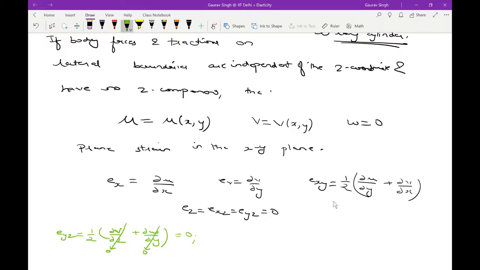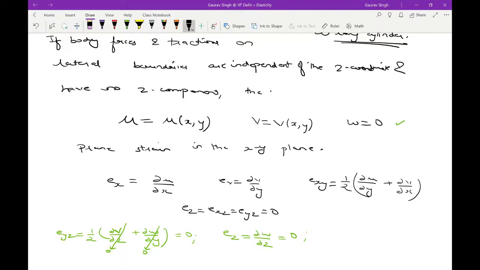Similarly Ez would be, for example, dou W by dou Z, and this would be 0 because W is 0. Okay, and the rest of the things will remain as they are, and you can find out the other zero strains similarly. So that's the reason we are able to write the strain field in this problem.